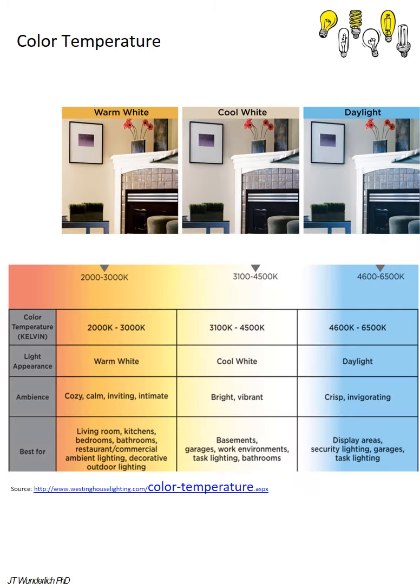Now, color temperature. When you're specifying or picking light bulbs to go in your fixtures, you speak of warm, cool, and daylight, and then there's a temperature rating in Kelvin, right? Fahrenheit and Celsius, and Kelvin is another temperature scale. You can look at the conversion for that, but this is how it's typically rated, and you can see the effects, the appearance, the ambience, and what it is best for each of them.